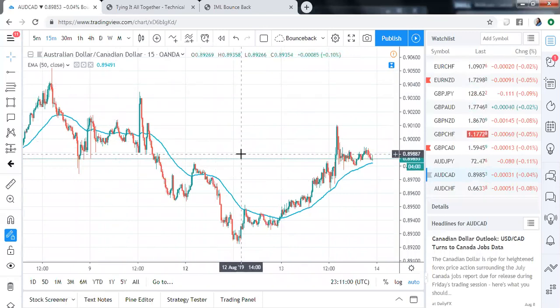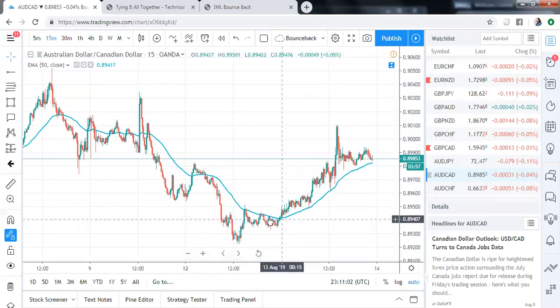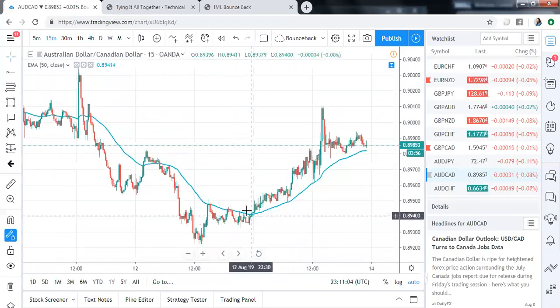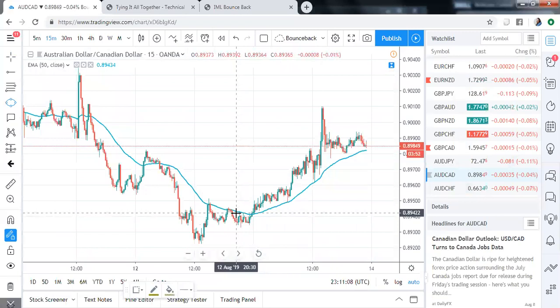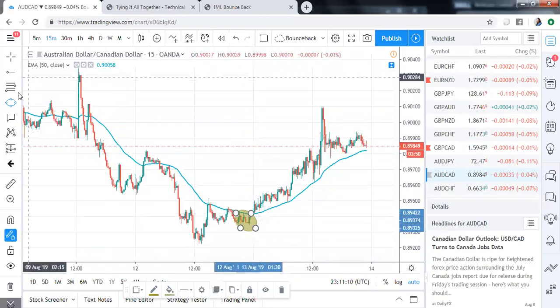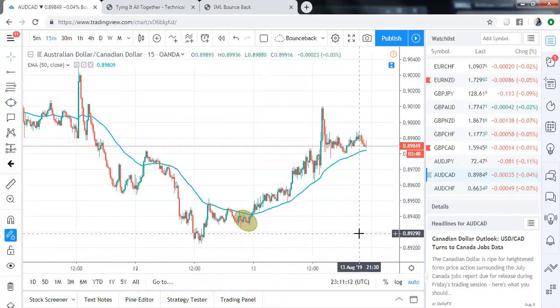Australian to the Canadian dollar. So the first thing you want to do: the buy was sent somewhere around here. So I'm just going to put the ellipse around where they actually sent that information. We already know the rules of Bounce Back. If we're buying the trade, we need to identify the downtrend.